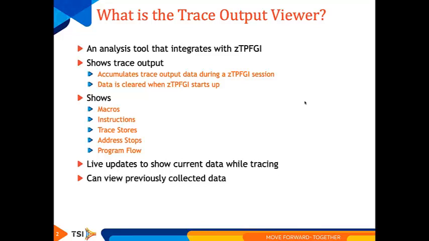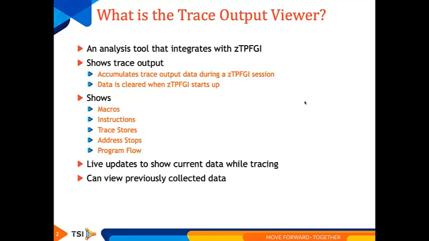As I mentioned before, it shows information about macros, instructions, trace stores, address stops, and then a special view we call the ProgramFlow, which shows the flow of your application through macros.